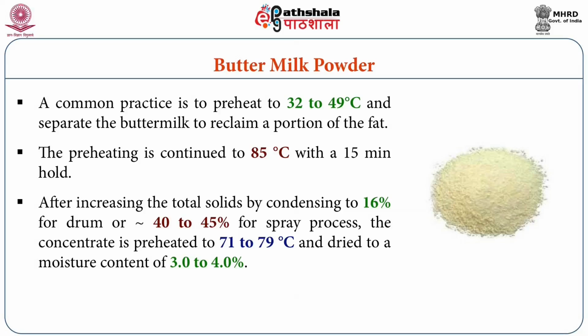After this, the total solids are increased by condensing to 16% in case of drum drying process or 40 to 45% in case of vacuum condensing systems, which will be ultimately spray dried. The concentrate is preheated to 71 to 79 degrees Celsius and dried to a moisture content of 3 to 4%.